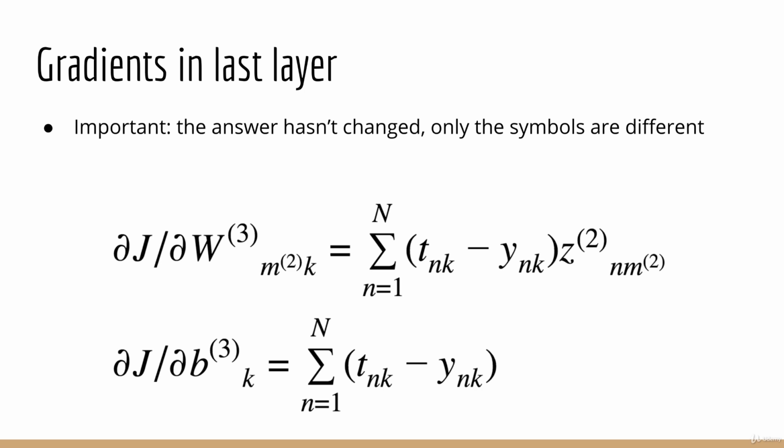Importantly, despite our new notation, this does not change the answer. The three derivatives we found still work out to be the same, just with new symbols. So here are the solved gradients, which you should recognize as exactly what we had before. If you don't see why that is, then you should derive them again.